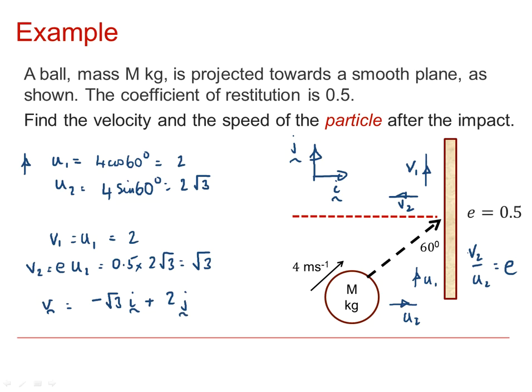Now we're asked to find the speed, so the speed is just the magnitude of that, and that will be equal to the square root of root 3 squared plus 2 squared, so that's going to be in total root 7, or 2.65 meters per second.